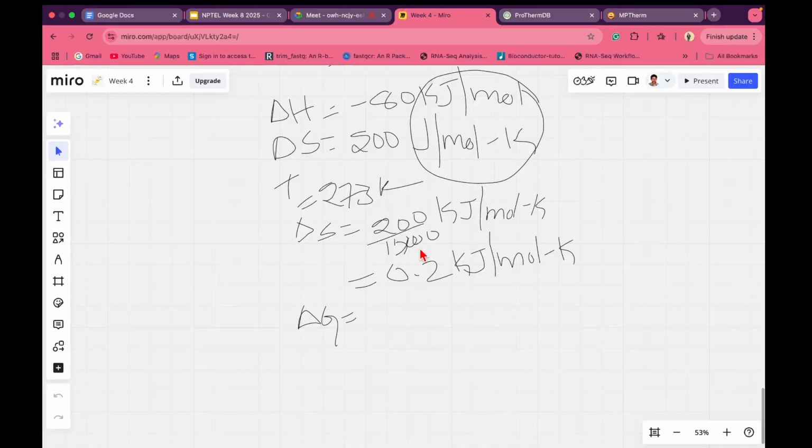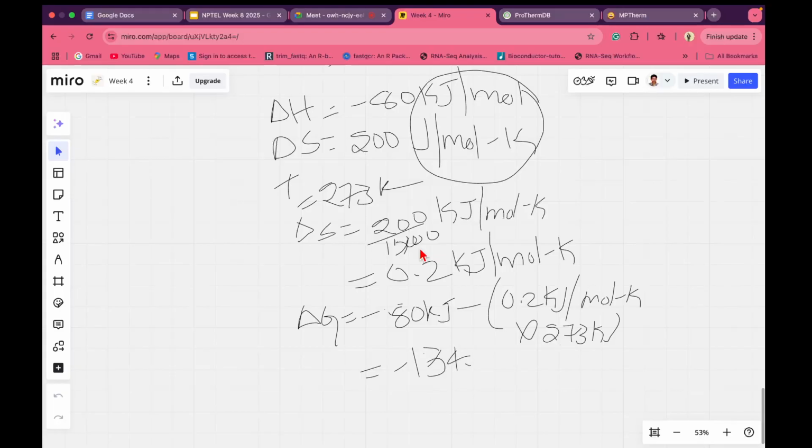So delta G equals minus 80 kJ minus 0.2 kilojoule per mole Kelvin into 273 K, which is approximately minus 34.6 kJ per mole.